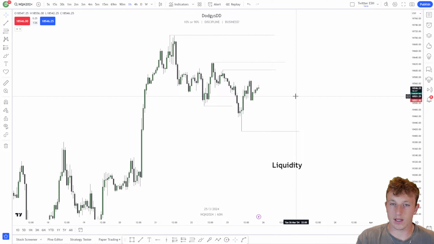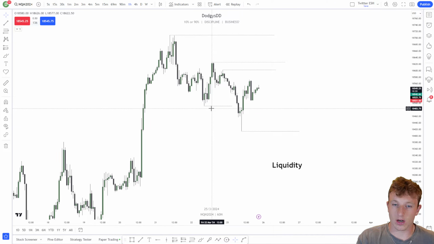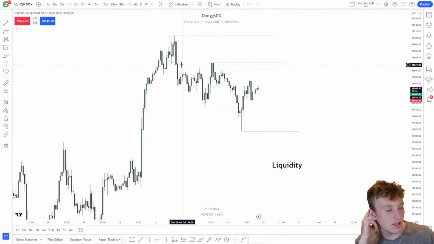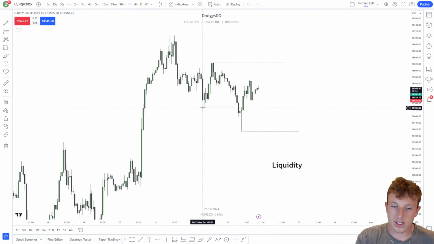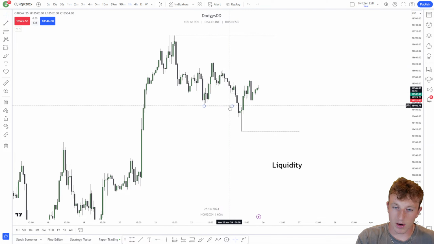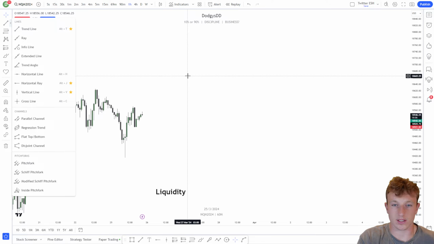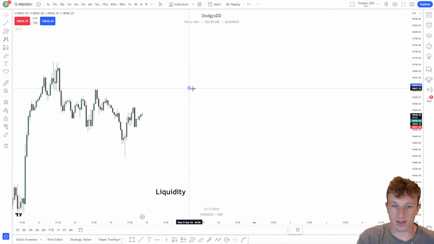You need to look for liquidity, because that's where the market targets. The market targets liquidity, like these highs and lows, and it targets inefficiencies, which I'll go over in the next video. But you need to understand that every single high and low you see in the market is a form of liquidity, and that's where people place their stop losses. Anywhere where people place their stop losses is liquidity, which is basically every high and low.